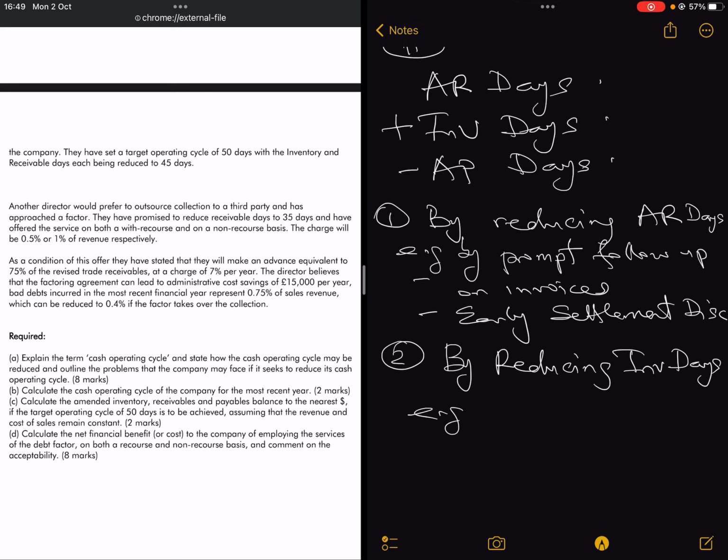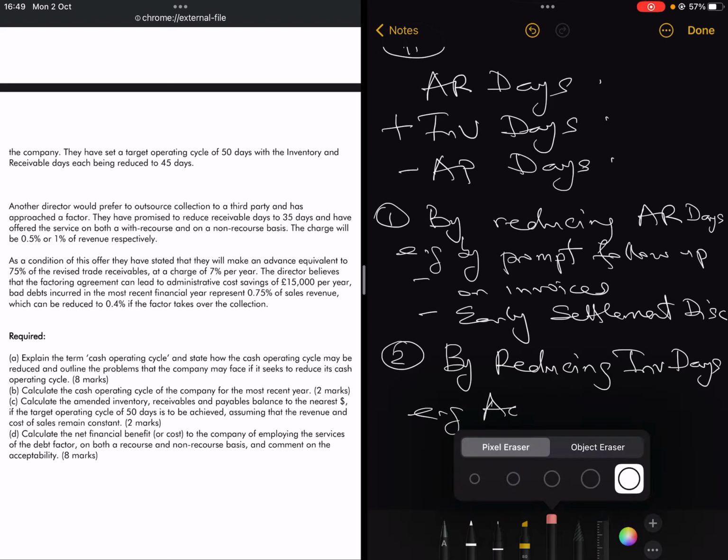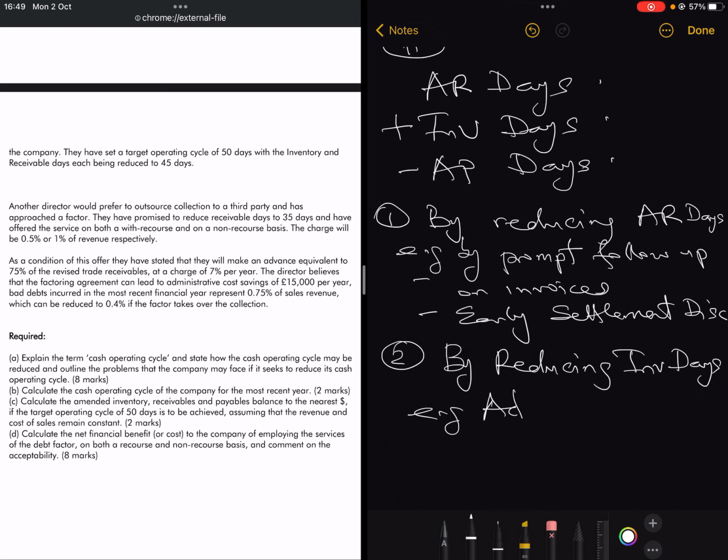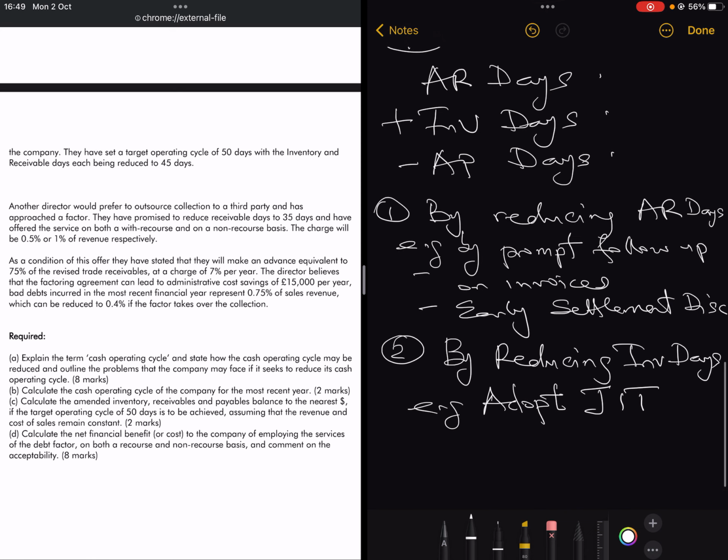E.g., you can adopt just in time. Because just in time will reduce your inventory balance. And once inventory balance is reduced, definitely your inventory days will be reduced.